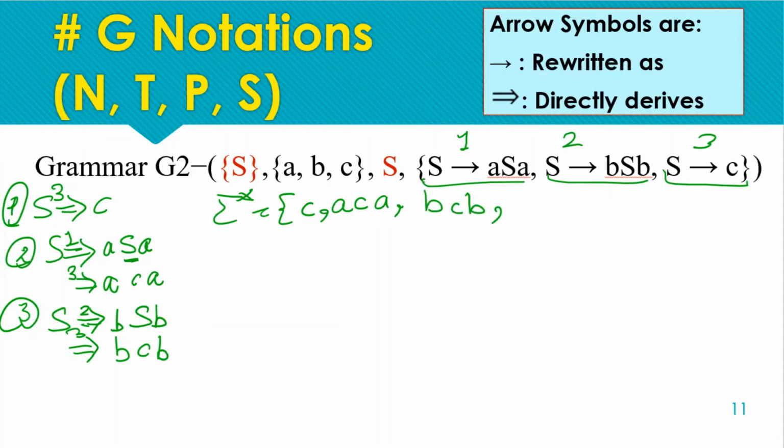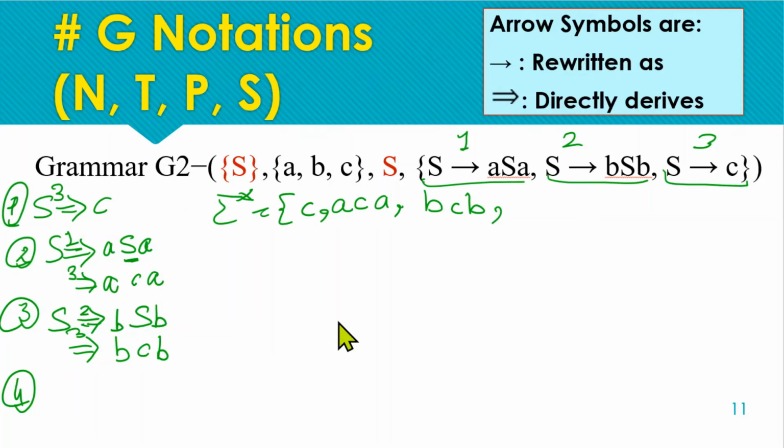The next minimum string that we can derive is by the application of rule number 1 first and then 2, or by the application of rule number 2 as the first rule and then rule 1. You can go with either. So let's start with rule number 2.